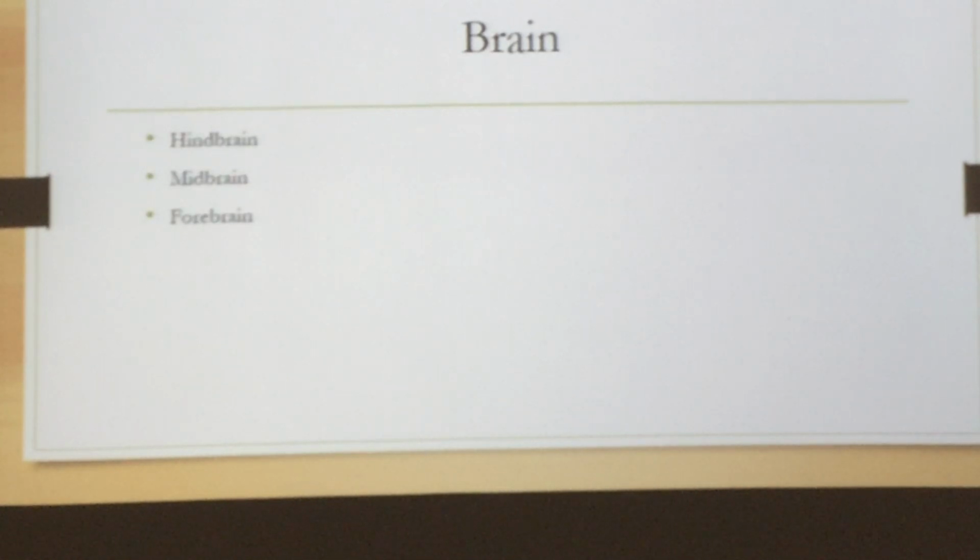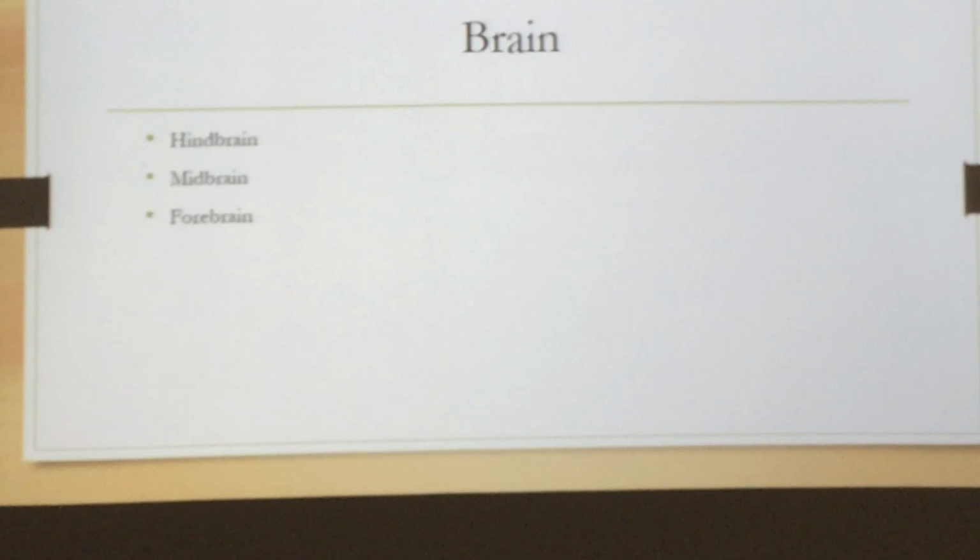Okay, we know that the brain is divided into 2 halves called hemispheres. It's divided into 3 areas: the hindbrain, the midbrain, and the forebrain.